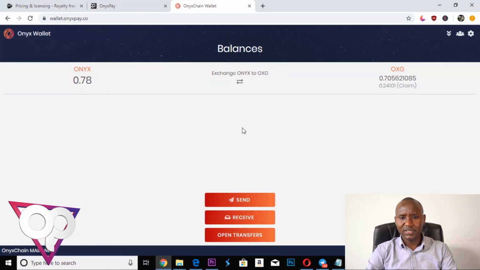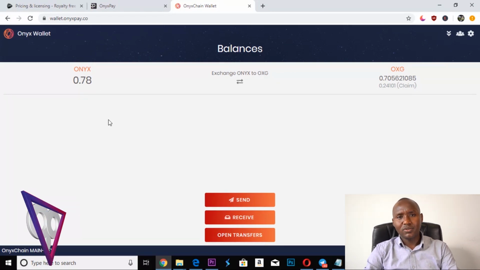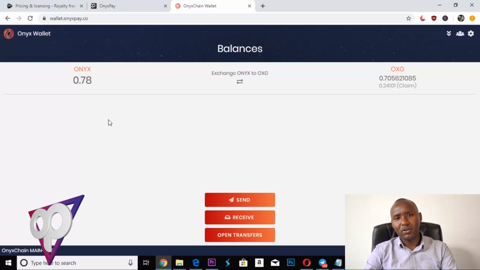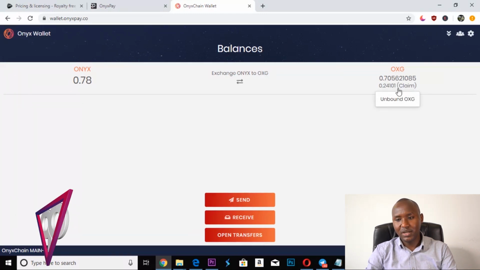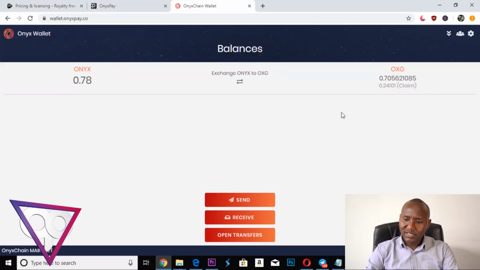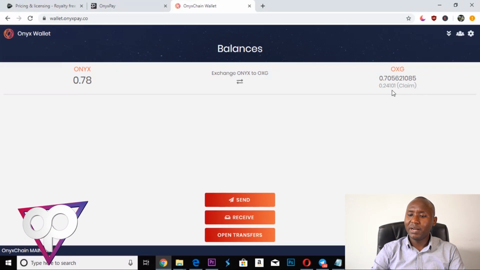But now what you need to understand is that as long as you keep some Onyx coin on your wallet, Onyx will actually accumulate Onyx Gas periodically. So if you left your Onyx coins on your wallet, then some Onyx Gas will actually start accumulating. What accumulates comes here in what we call the unbound Onyx Gas.